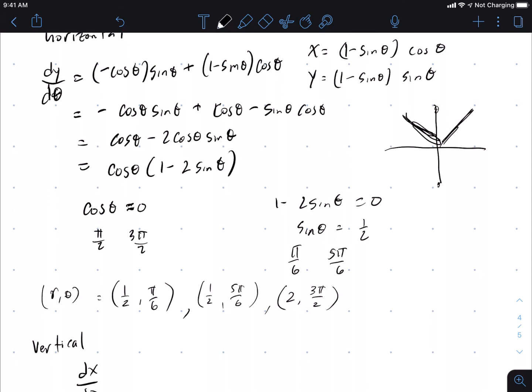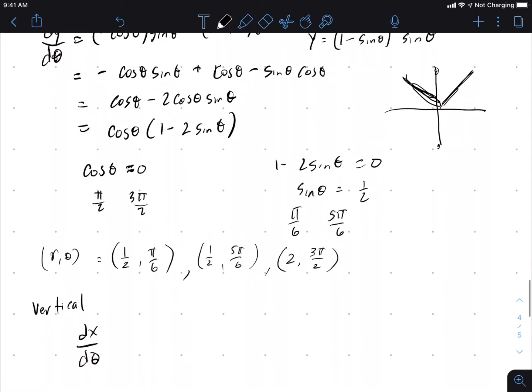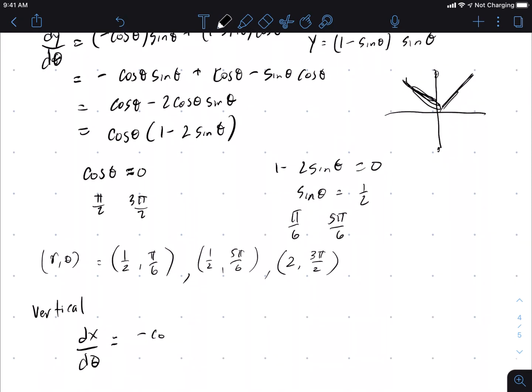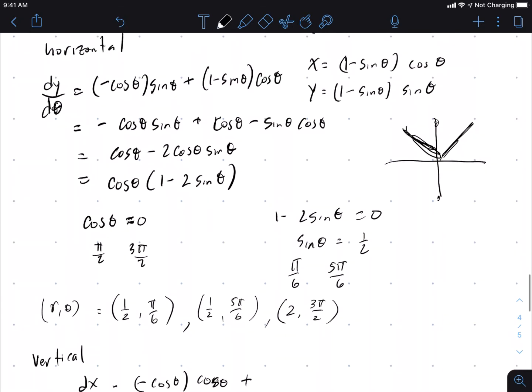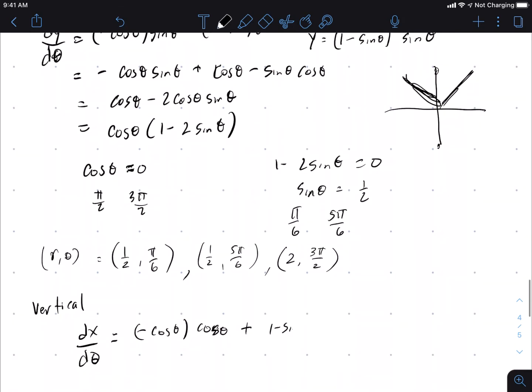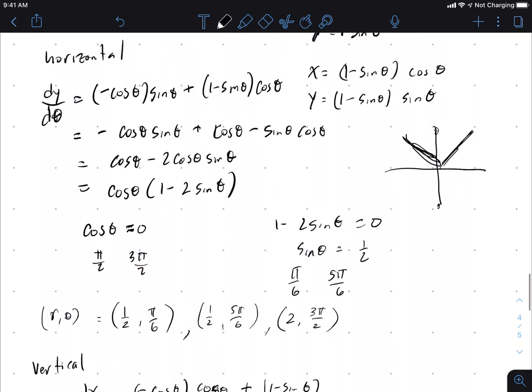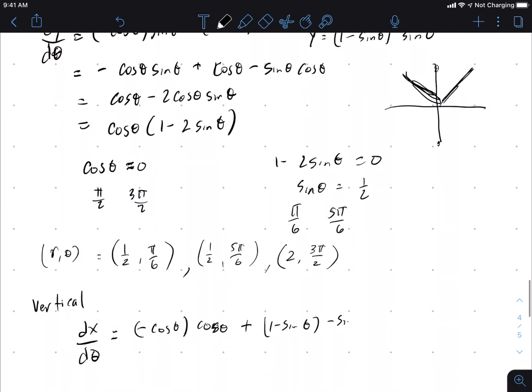It's over here. So I think it looks like negative cosine theta times cosine theta plus, what was it, 1 minus sine theta. Derivative of cosine theta is negative sine theta. Agreed?